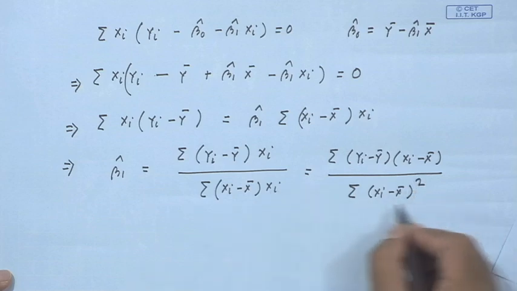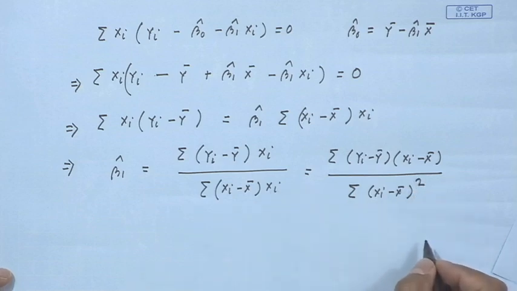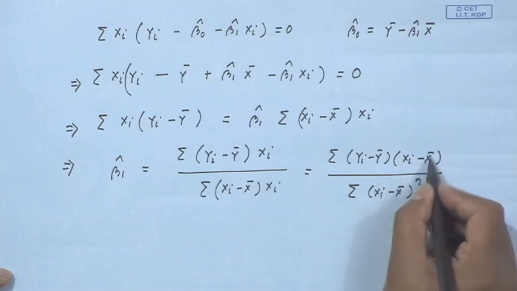So, this is x I minus x bar whole square.